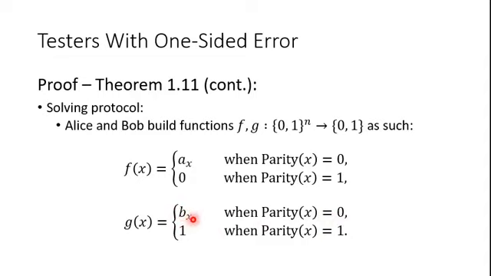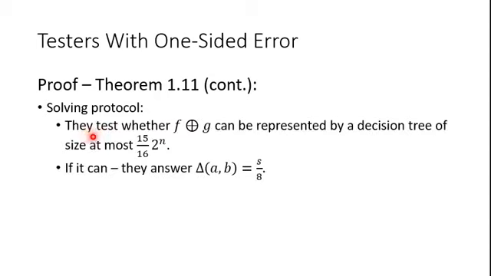Again, x maps us to a specific index in b, and so we get back the value at that index. But when parity x equals 1, we get 1. So what they will do is they will test whether f XOR g, that we just defined, can be represented by a decision tree of size at most 15 divided by 16 times 2 to the n. And if it can, they answer that the Hamming distance between a and b equals s divided by 8.